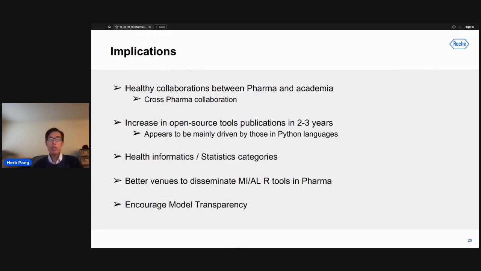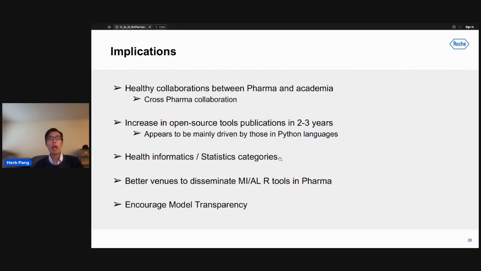There's also an increase in open source tools published in the last 2 to 3 years, as we've seen from a few of our trends. It appears that they're mainly driven by Python. So hopefully the people in this meeting can also help drive more dissemination of our programming language tools. In particular, I'm interested in the statistics or health informatics categories.